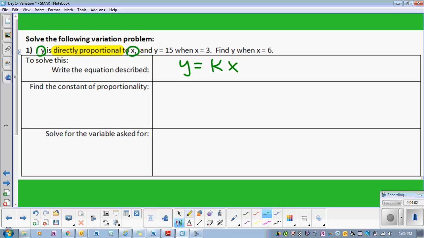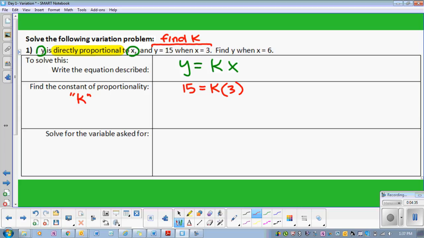If you look at the next part, it says y equals 15 when x equals 3. This is what you need to use to find k, and you always have to find k. So y equals 15, I don't know k, but I know that x equals 3. How do I solve for k?